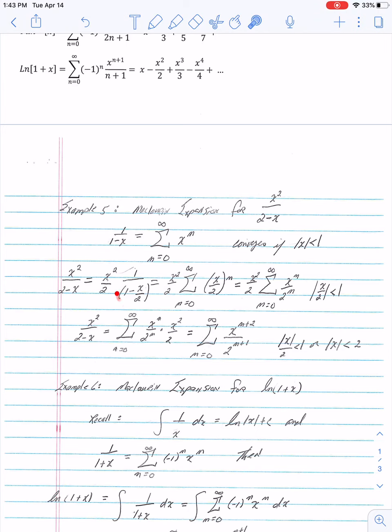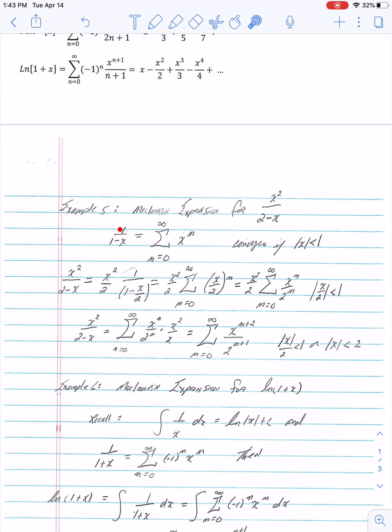That gets me the 1 that I need. But it also has to come out of this, and that gives me x divided by 2. So x squared over 2 minus x can really be written as x squared over 2 times 1 over 1 minus x over 2.